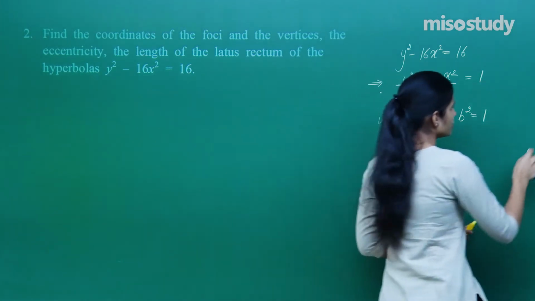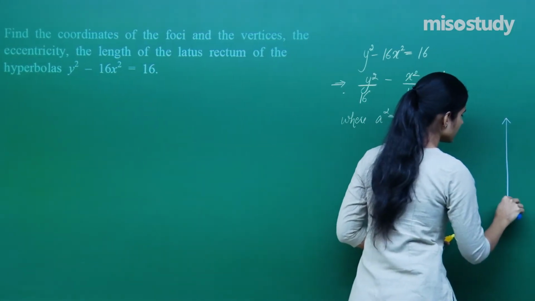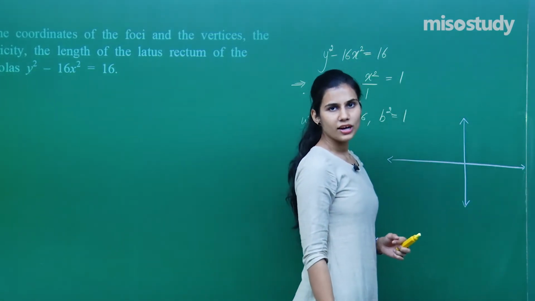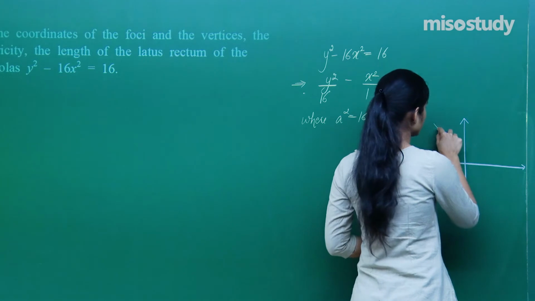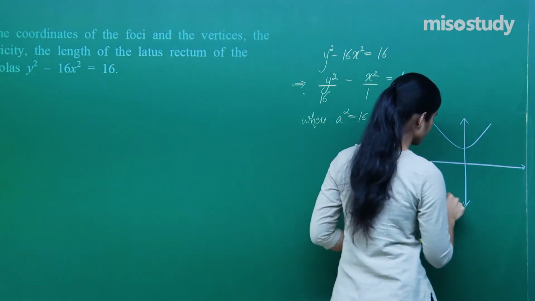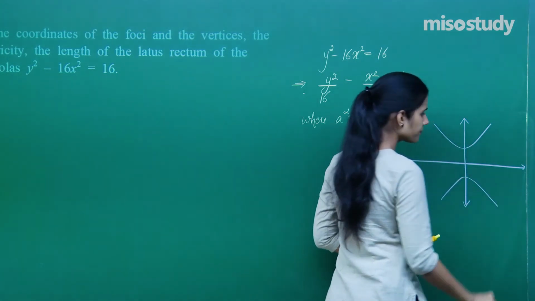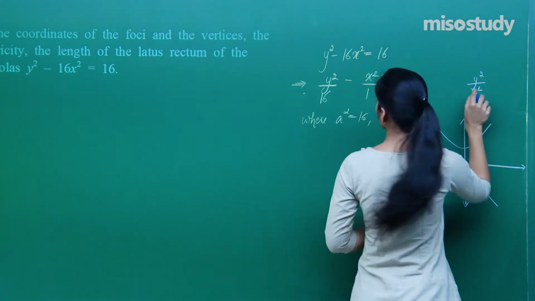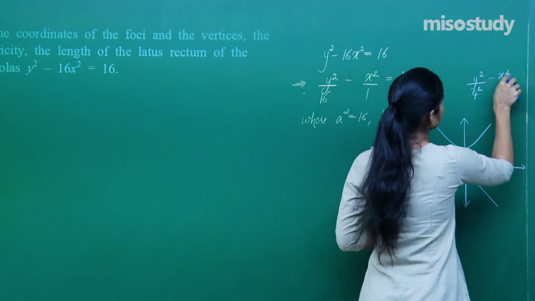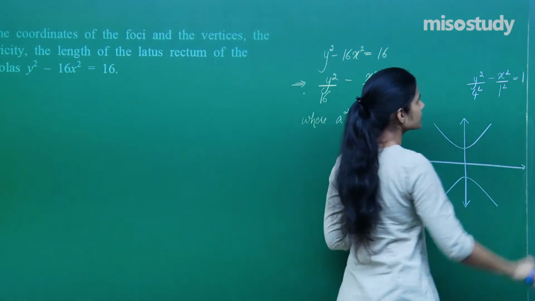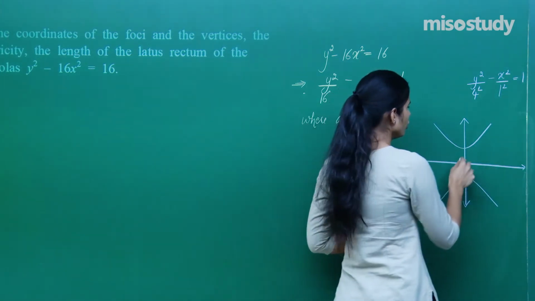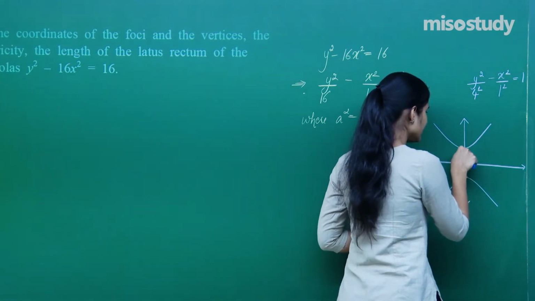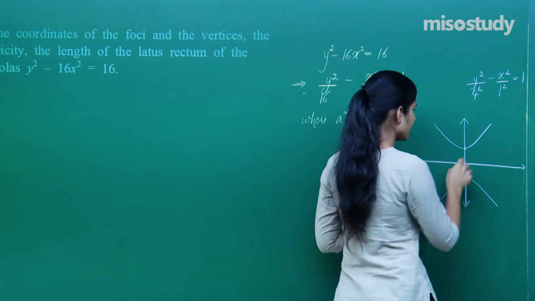Fine. So here we are talking about the hyperbola with foci on the y-axis. So it's something like this. This is y square by 4 square, because it is 16, minus x square by 1 square equals 1. You know that from here to here, this is my transverse axis.